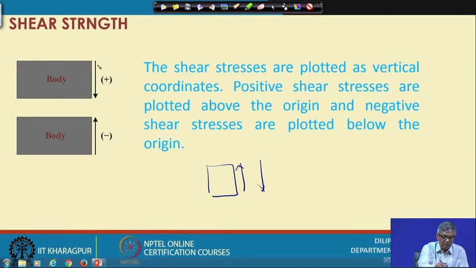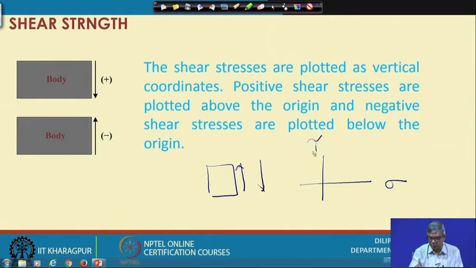If this is the body and the shear direction is right face downward, that is positive. The shear stresses are plotted as the vertical coordinate, that means, like normal stress I have shown in this direction, shear stress is in this direction, and positive shear stresses are plotted above the origin and negative shear stresses are plotted below.